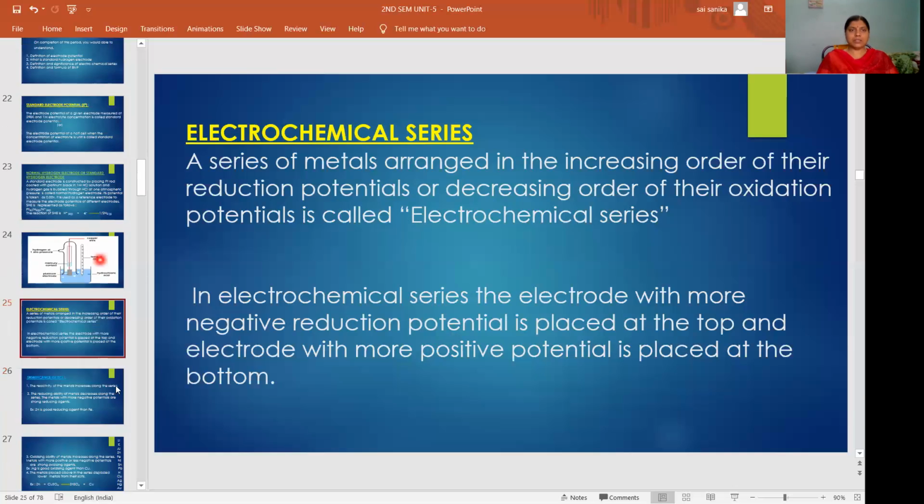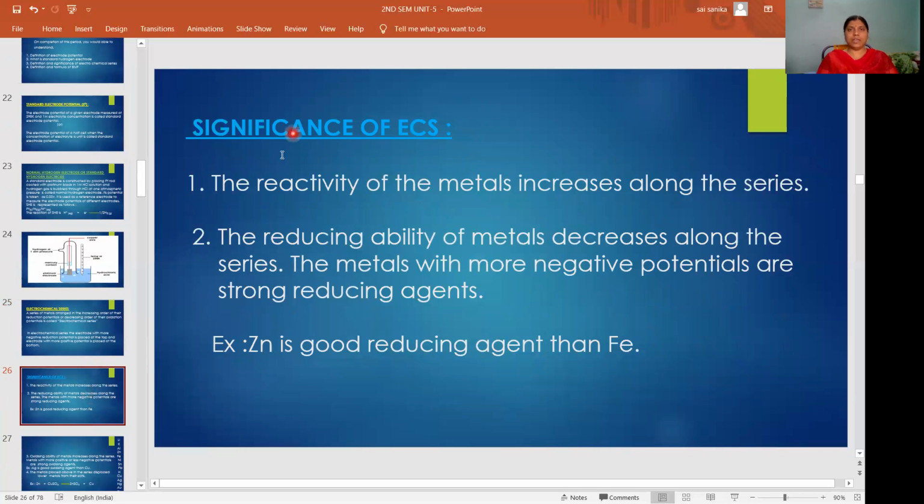Next you have the significance of the electrochemical series. Significance means importance. What is the importance of the electrochemical series? We will see. The reactivity of metals increases along the series. Second point, the reducing ability of metals decreases along the series.